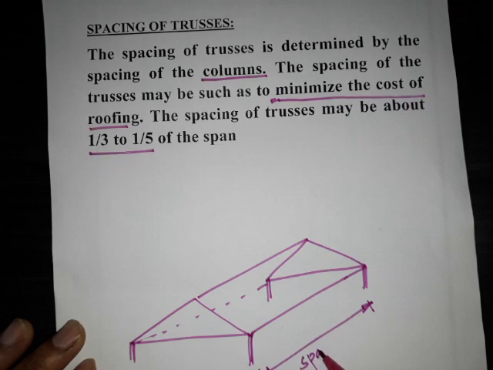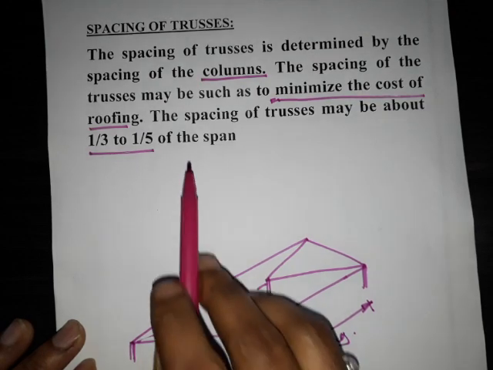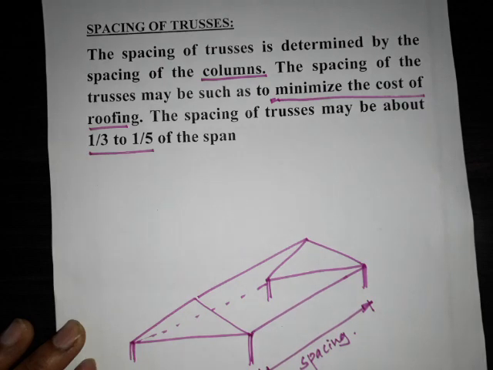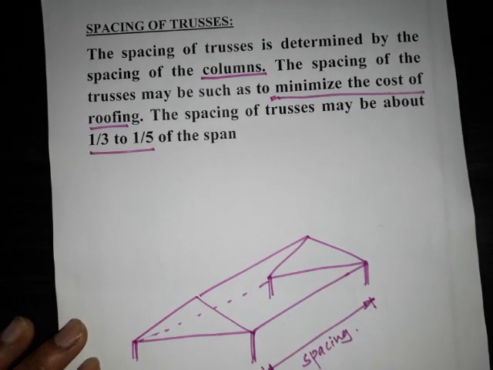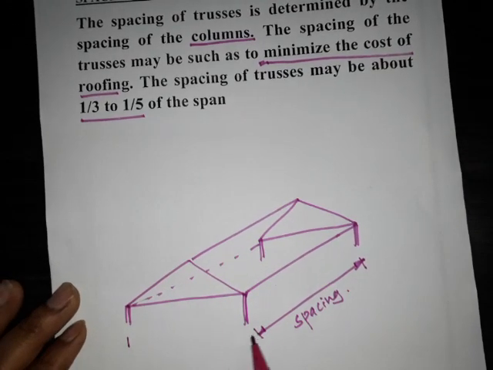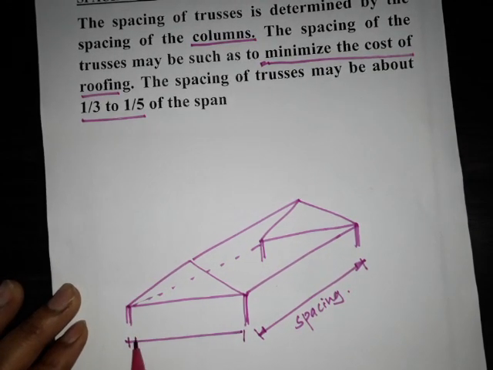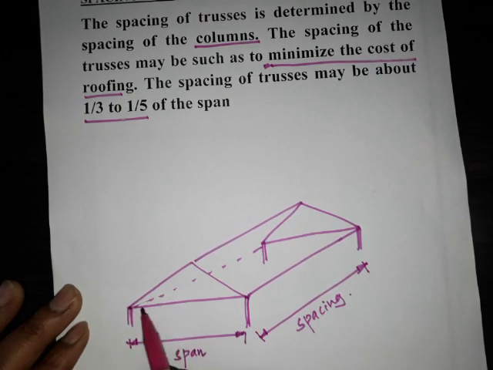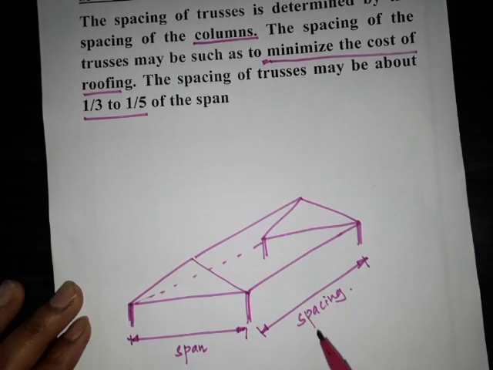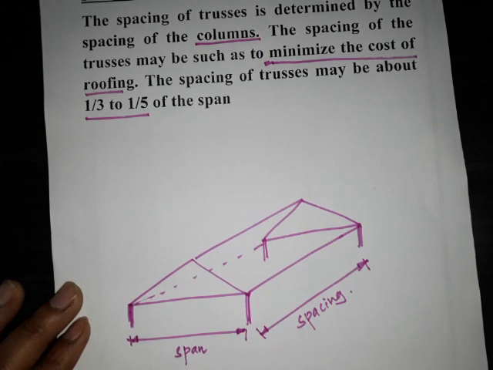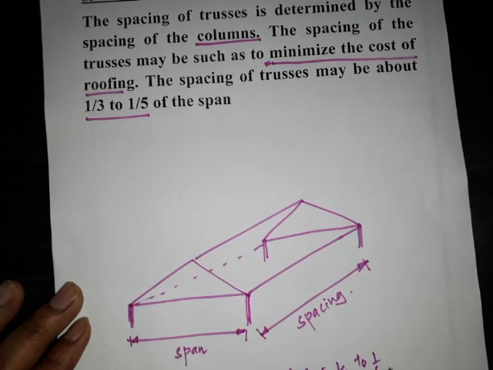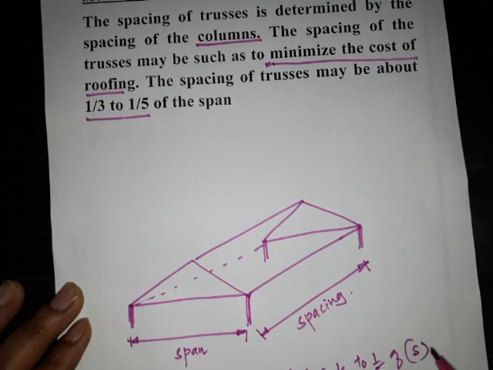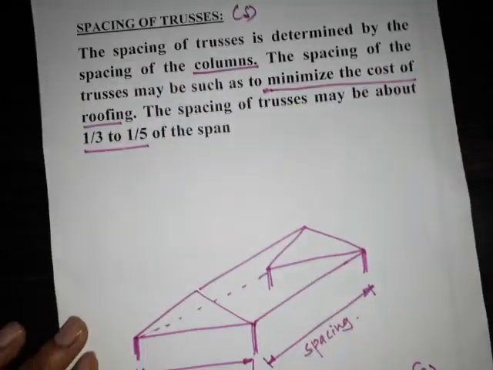So the spacing of trusses may be about 1/3 to 1/5 of the span. If this is the span of the truss, it is the span between the two columns where the truss is supported, and this is the spacing. So the spacing will be 1/3 to 1/5 of the span. Generally the spacing will be called S.